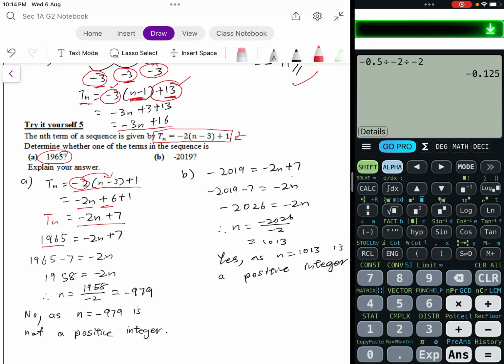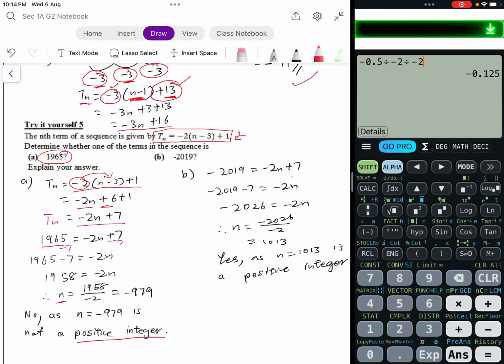So for A, I let 1965 equal minus 2n plus 7. Because here is a plus 7, I need to minus 7 on both sides. So I get 1965 minus 7 equals minus 2n. 1958 equals minus 2n. I divide. Now, n has to be a positive integer.